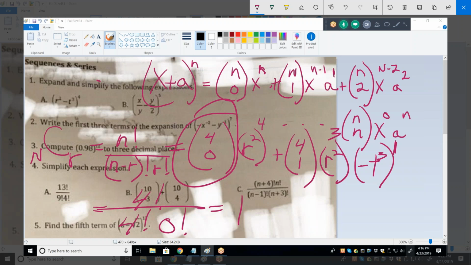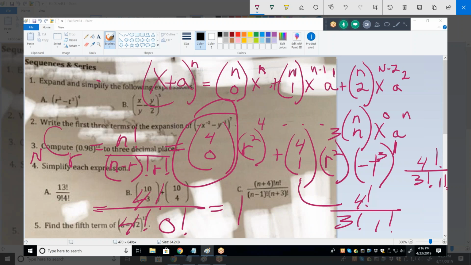I think 4 choose 1 is the same as 4 choose 3. Notice why. 4 choose 1, this one right there, is 4 factorial over 3 factorial times 1 factorial. Well, 4 choose 3 is 4 factorial over 3 factorial times 1 factorial.